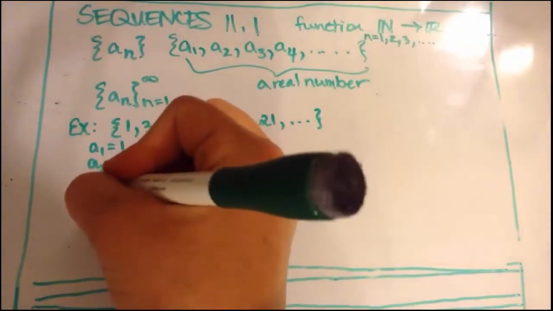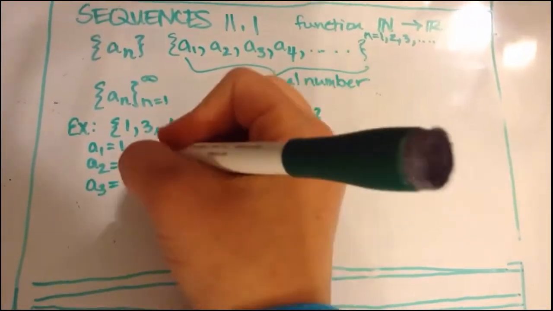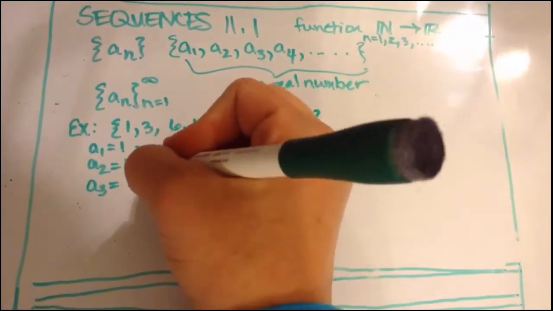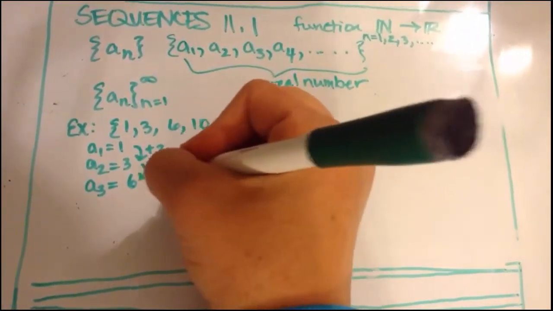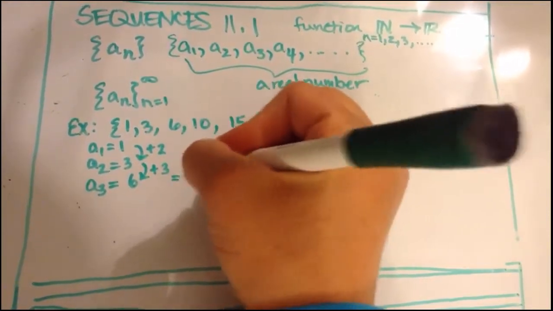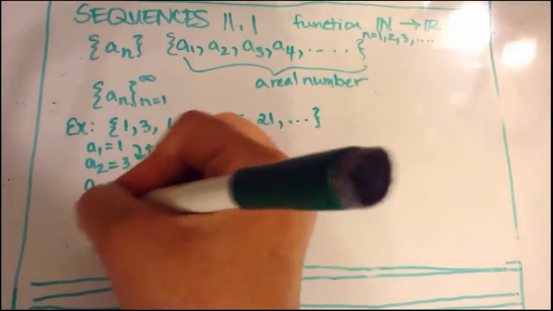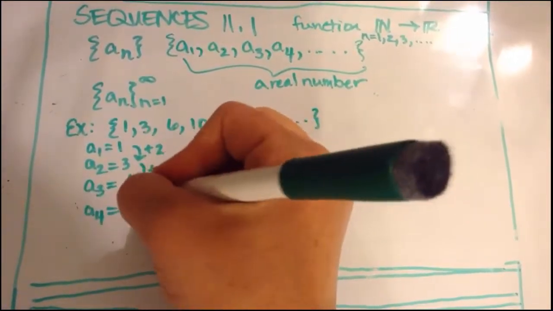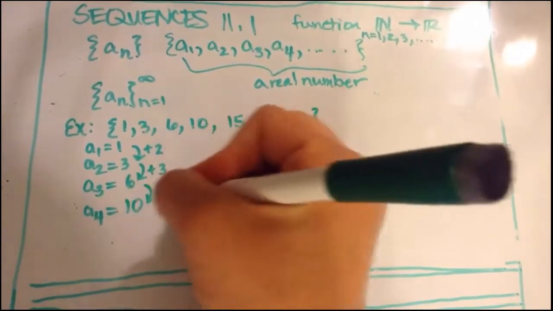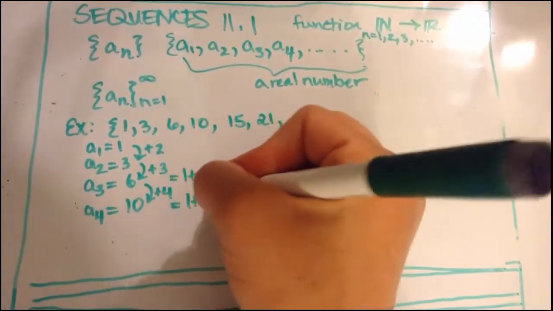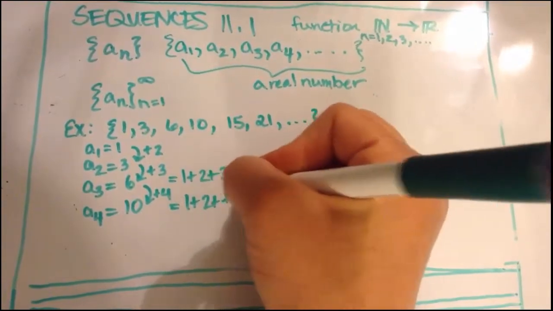Our next term, a3, was 6. To get from 3 to 6, I added 3. So 6 is really equal to 1 plus 2 plus 3.